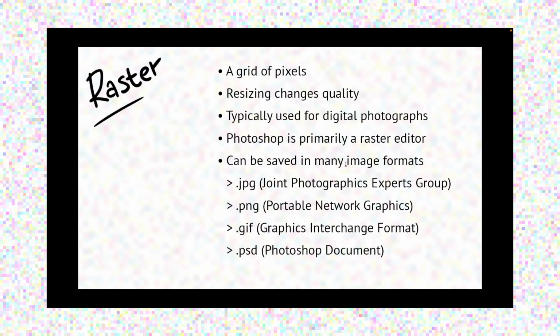GIF is another format made to work with the web to make images smaller. That's the Graphics Interchange Format, and it's become colloquially associated with animated GIFs and memes shared online. And then PSD is the Photoshop document.